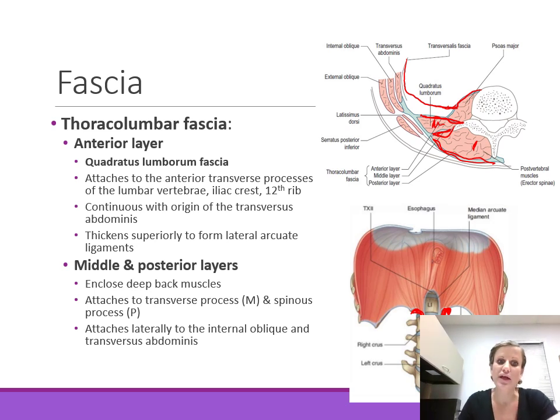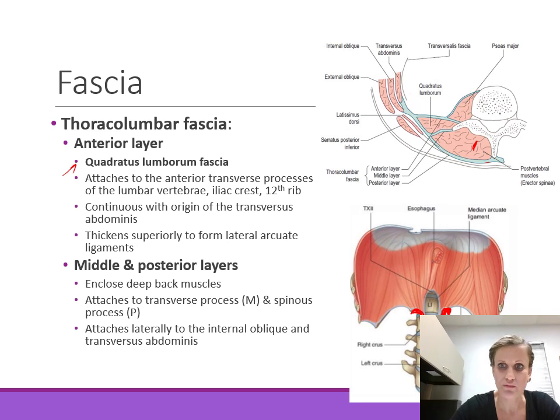So the anterior layer, because it covers the quadratus lumborum, is frequently called the quadratus lumborum fascia. It attaches to the anterior surface of the transverse processes of the lumbar vertebrae.